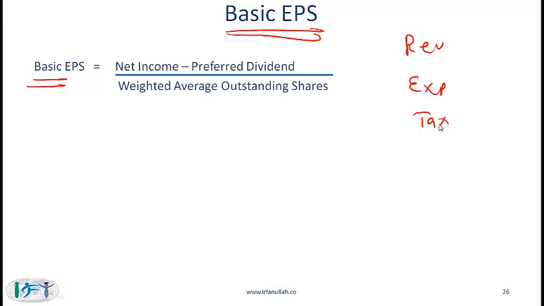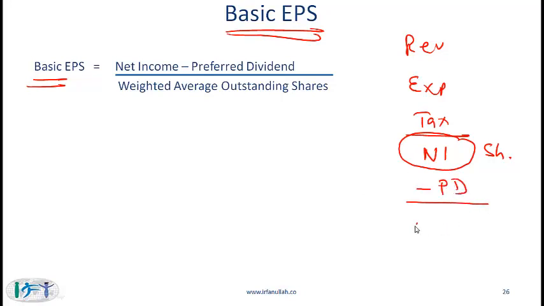We also subtract taxes, and then we are left with net income. This is the money available to all shareholders. But the concept of EPS is the earnings available to ordinary shareholders on a per share basis. So from the net income, we need to subtract the preferred dividend to see what is available to common shareholders or ordinary shareholders.